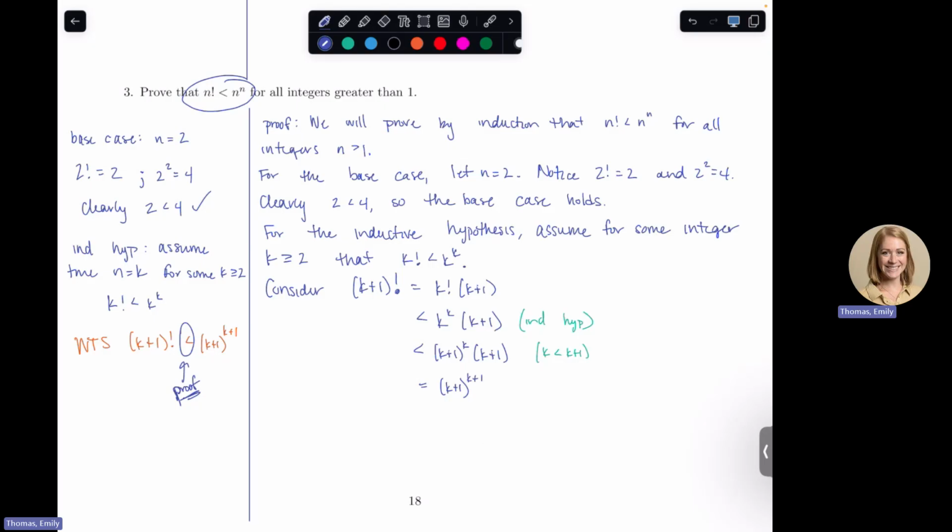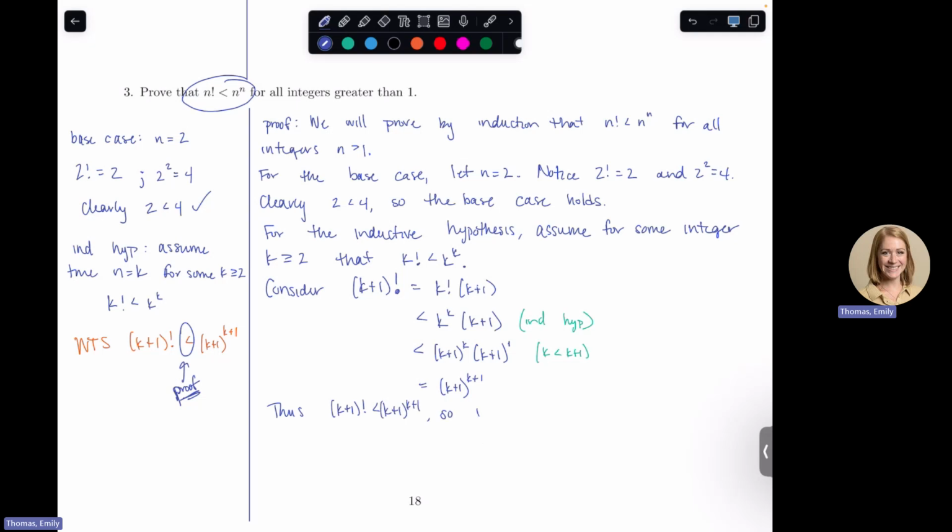And this is k plus 1 to the k plus 1, because this has power of 1. Like bases, you add exponents. So you would say something like, thus k plus 1 factorial is less than k plus 1 to the k plus 1.